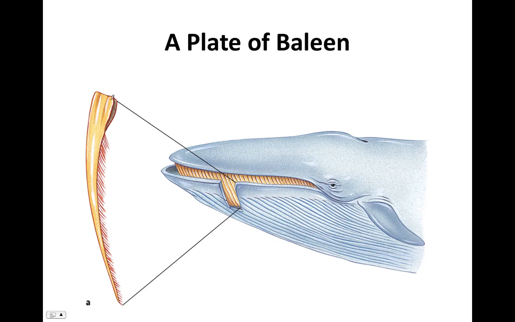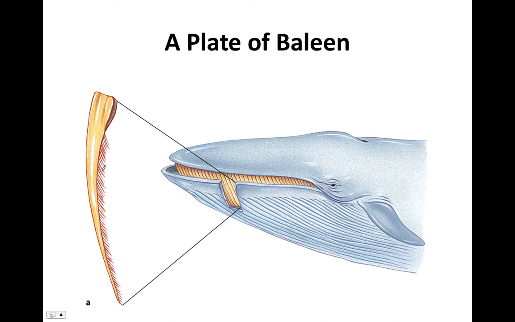And here is a picture of those baleen teeth. These long plate teeth have these bristles, so the whale will take a large gulp of water, their throat will expand with that water, and then they will force that water out through their baleen teeth, and all the plankton will be trapped inside their mouth by this baleen, and then they'll swallow that plankton.